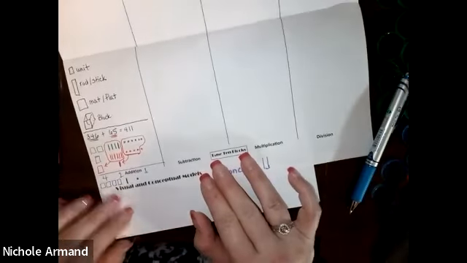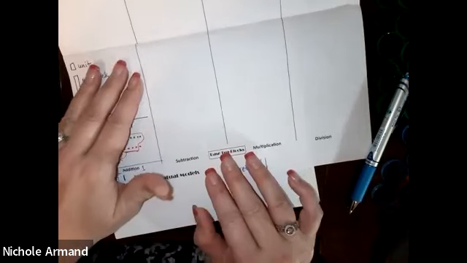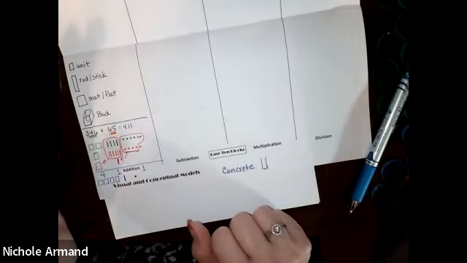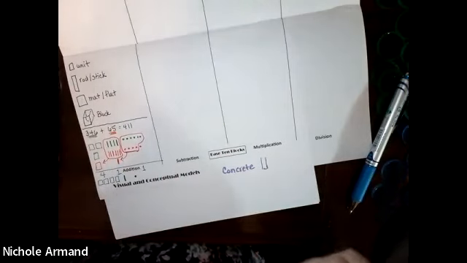Okay, so we're going to do addition and subtraction. So let's see how we would do subtraction, and we're going to do one that has regrouping. And so this is going to be called the takeaway model.